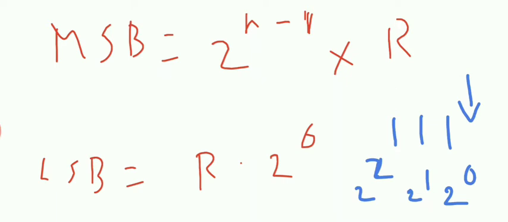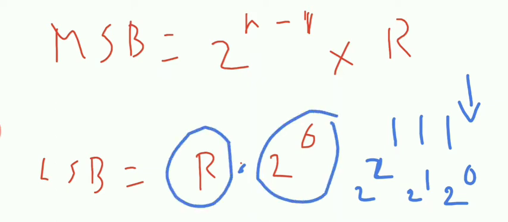And MSB, if it is an n-bit number, is 2 power n minus 1. So for finding LSB, what I did simply is, I found the resolution and multiplied with 2 power 0. Similarly, if you want to find MSB, find resolution and multiply with 2 power n minus 1. For any bit, you multiply with the corresponding position. The last but one bit means 2 power n minus 2, like that. So now I want to find the MSB value.